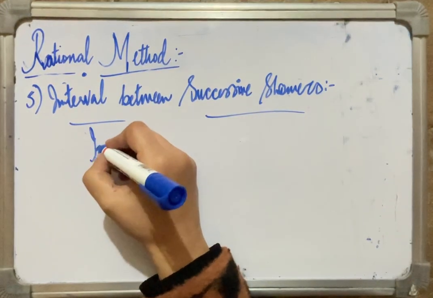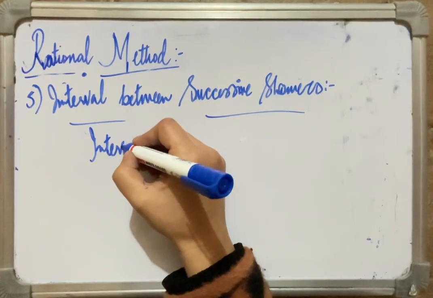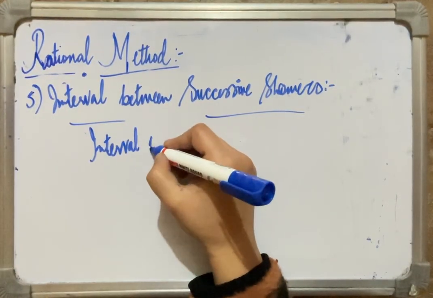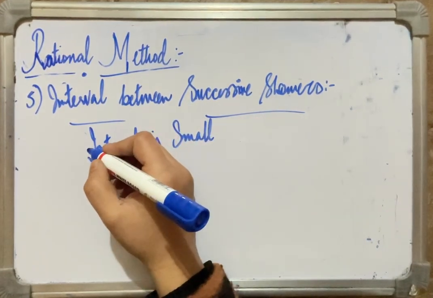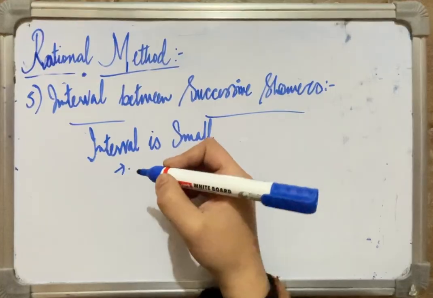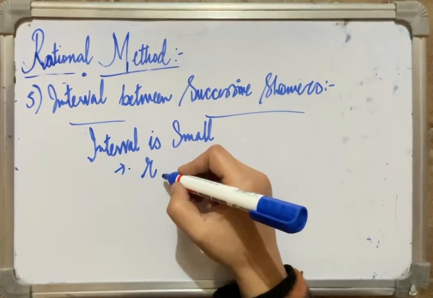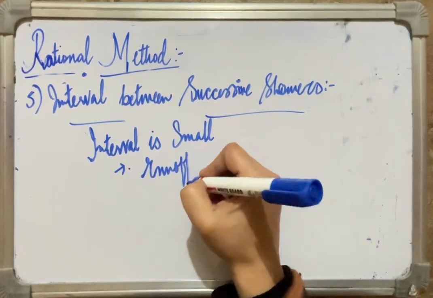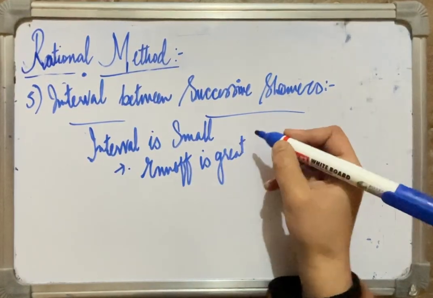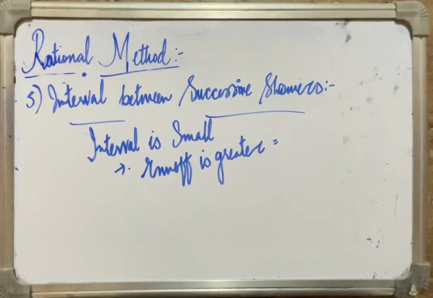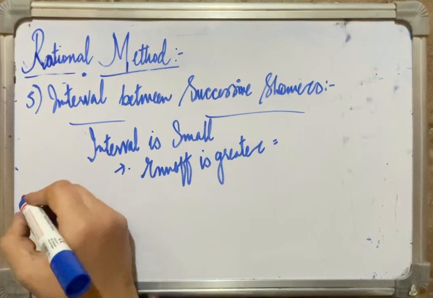If the interval between successive showers is small, that means the frequency of rainfall is large, our coefficient of runoff will be greater. If interval is small, runoff is greater, and vice versa.